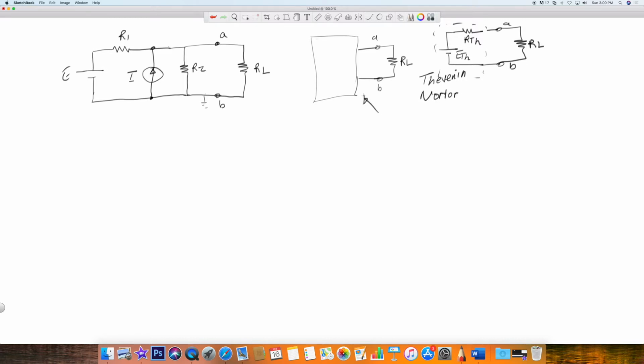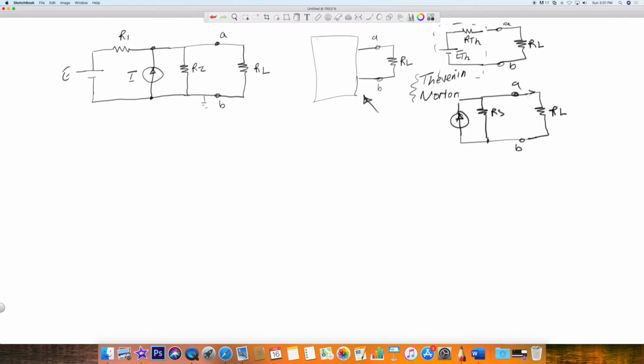So the systems are going to be the same. Either you use Norton or Thevenin, the results will be the same. Except for Norton, what we want is a current source, an internal resistance, let's call it RS for now, and your points A and B will be right here. And again, your load will be right here.